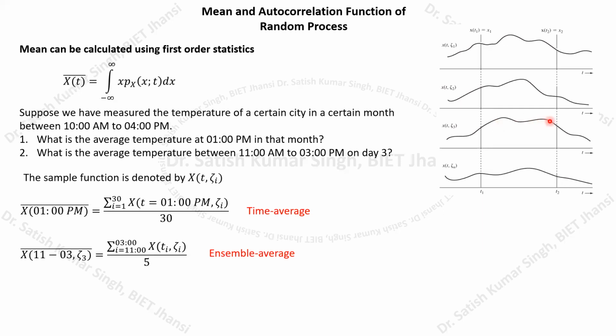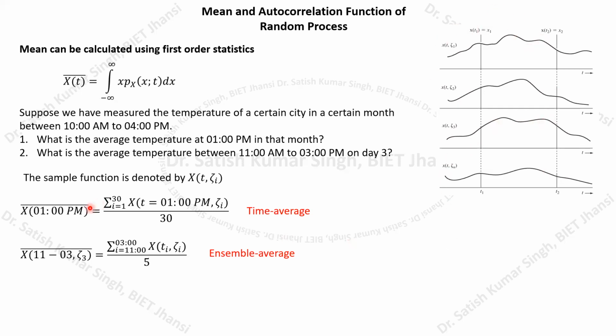If we do that, we can calculate the average temperature during 11 a.m. to 3 p.m. on day 3. So if you see the way I have asked the question, in the first case, while calculating this average, I have considered all the sample functions in this particular ensemble.